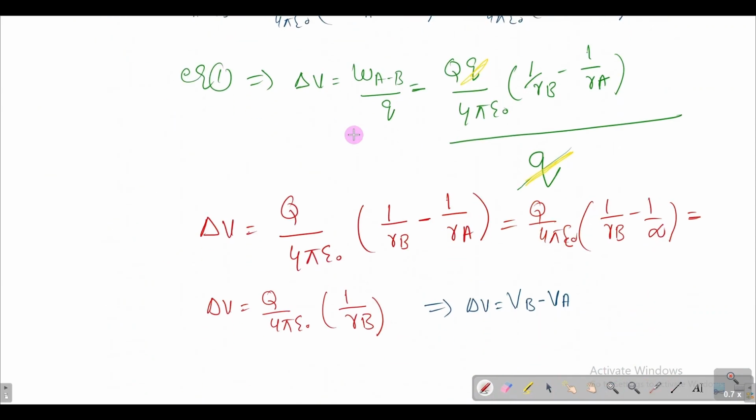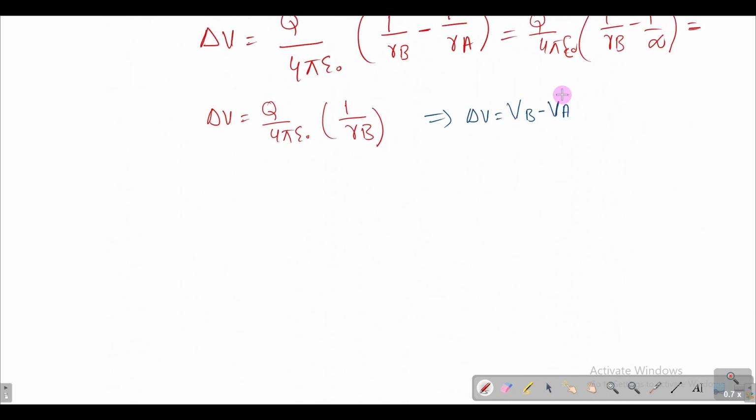So instead of del V, I write VB minus VA and put this equation q by 4 pi epsilon naught and 1 over Rb.